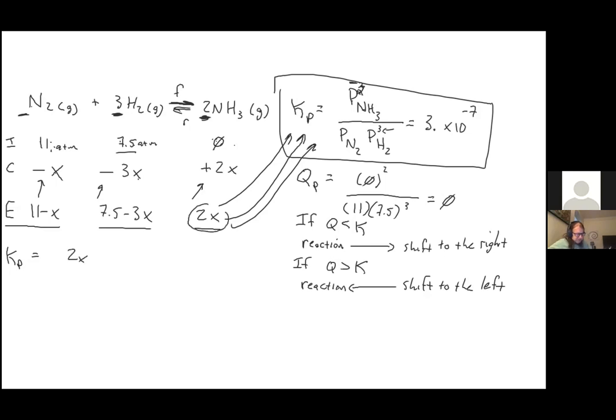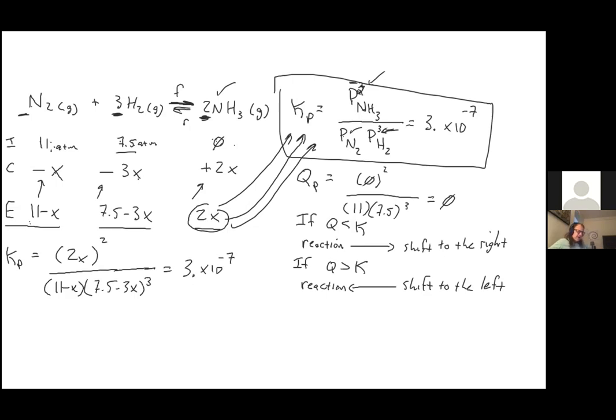That's the pressure of ammonia at equilibrium, but you have to square it because you got a square there. Then we're going to divide that by the pressure of nitrogen at equilibrium, which is 11 minus x. And then you're going to divide it by the pressure of hydrogen cubed. So that would be 7.5 minus 3x cubed. And that's going to be equal to 3 times 10 to the minus 7.